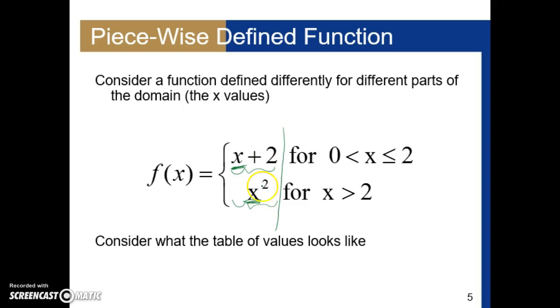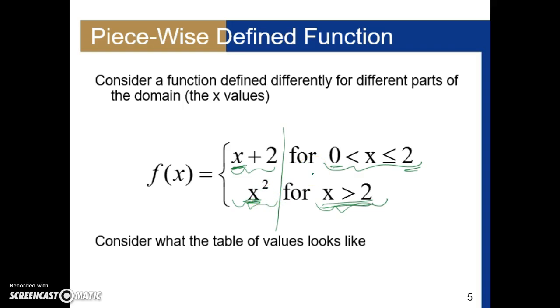So we have different behavior for different pieces of the domain. Here's what a function rule looks like for a piecewise defined function. For all values between 0 and 2, not including 0, but including 2, it acts like a line of slope 1 that has a y-intercept of 2. For all values greater than 2, it acts like the parent quadratic function.